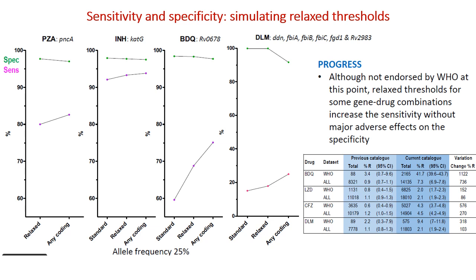And when applying relaxed thresholds that are not endorsed by the WHO at this point, however, if you apply these thresholds for some gene-drug combinations, the sensitivity is increased without major adverse effects on the specificity, as can be easily appreciated, for example, for bedaquiline, where the sensitivity applying the relaxed thresholds can reach up to 75%.